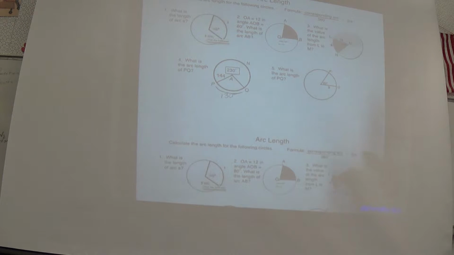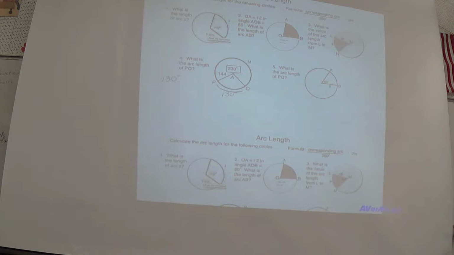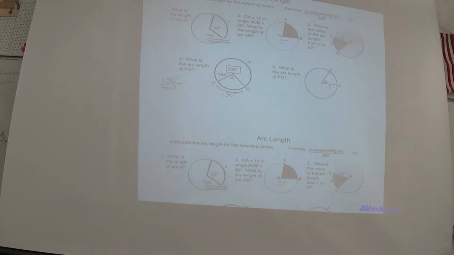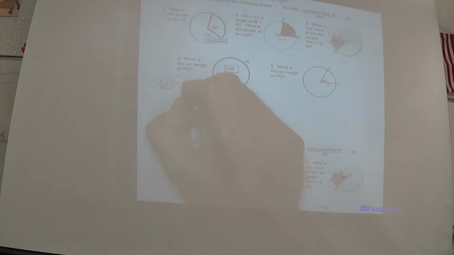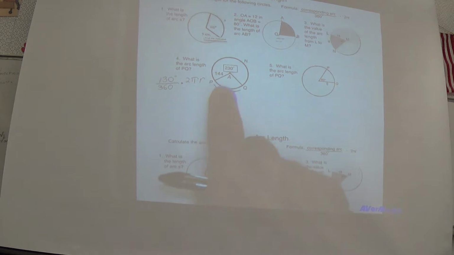We find that by taking the measure of the arc we're trying to find, over 360 degrees, times our circumference of a circle, which is 2 pi r. 2 times pi times your radius.